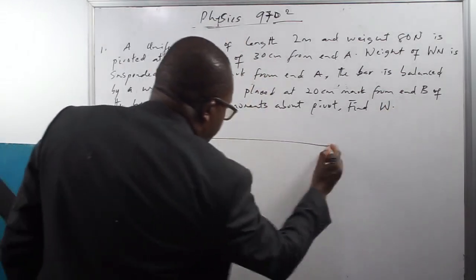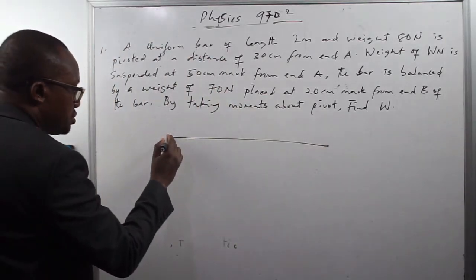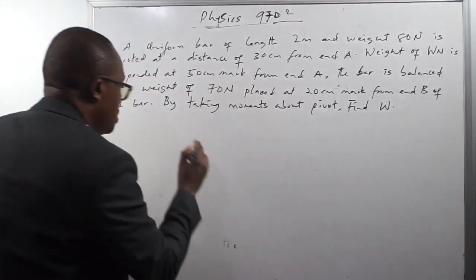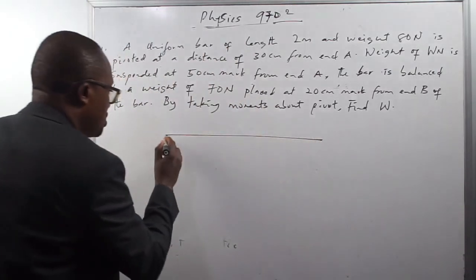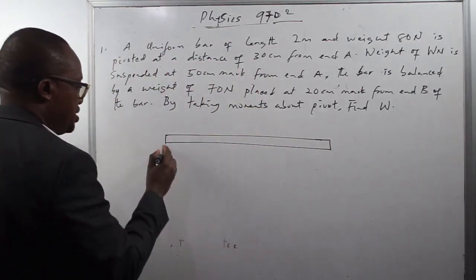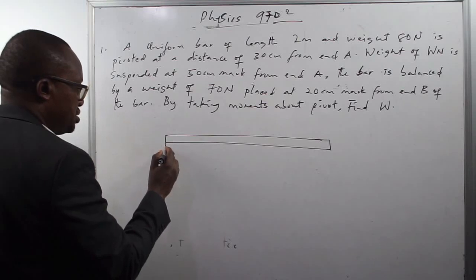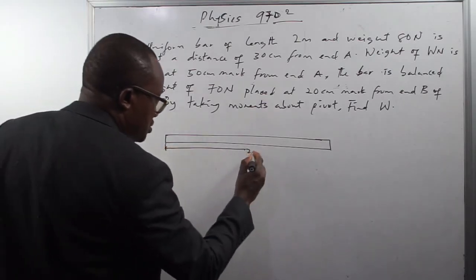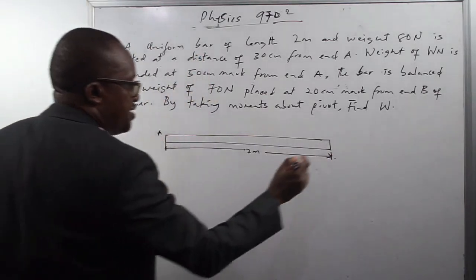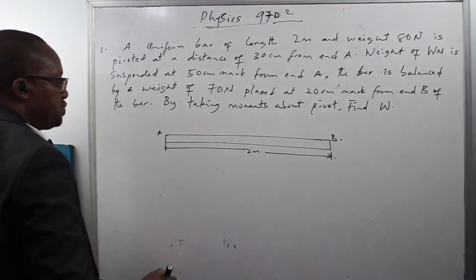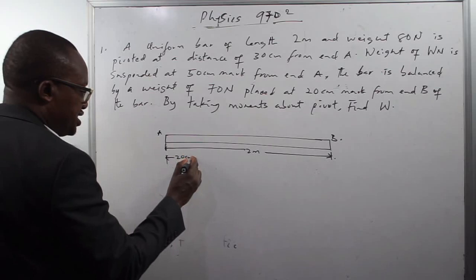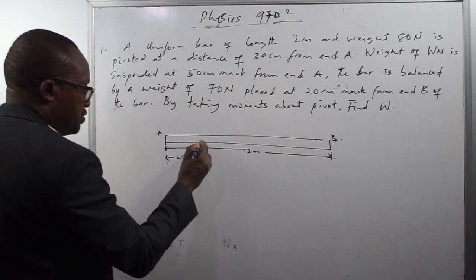So the diagram is this. We are told that the length of the uniform bar is 2 meters. You have NAB. It is pivoted at a distance of 20 centimeters from NA.